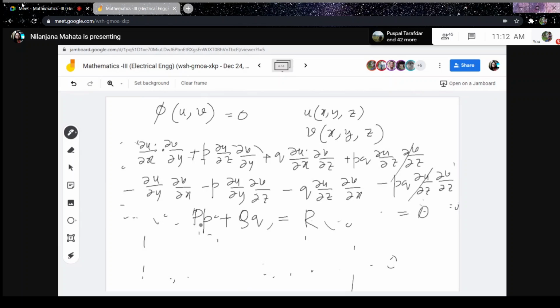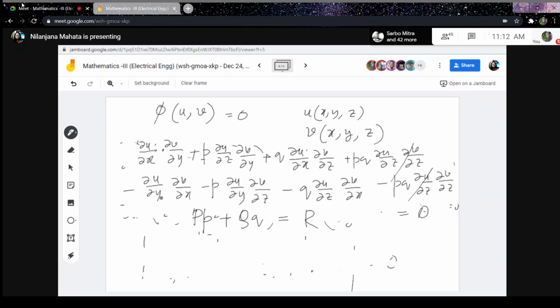So your P will be this minus this, capital Q will be this minus this, and your R will be this minus this.